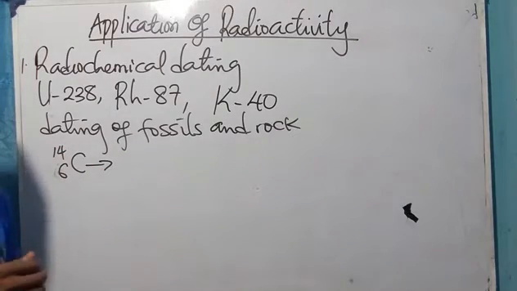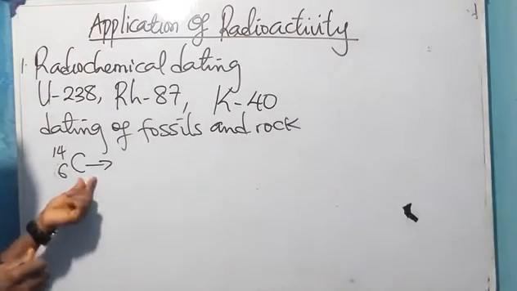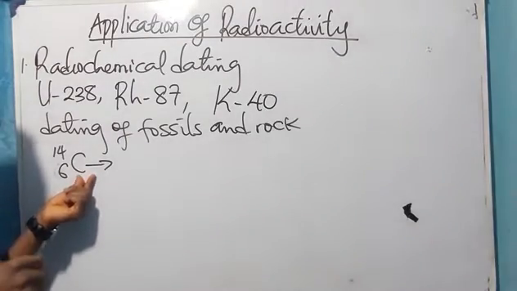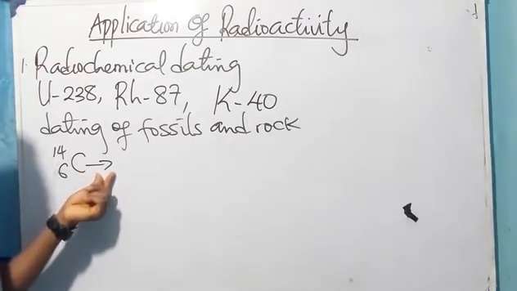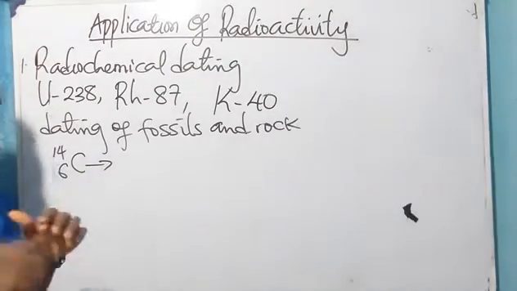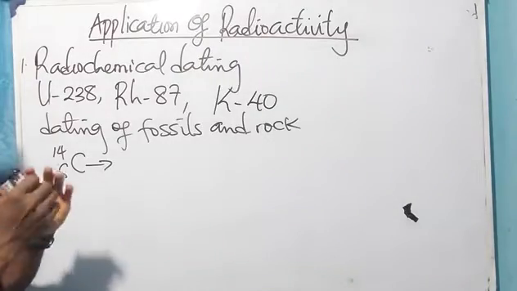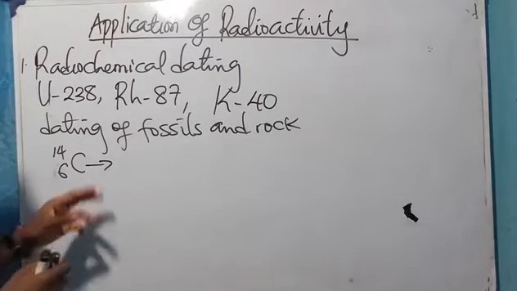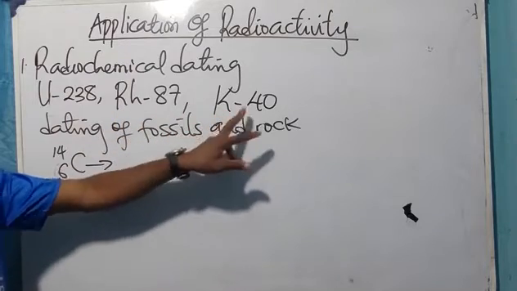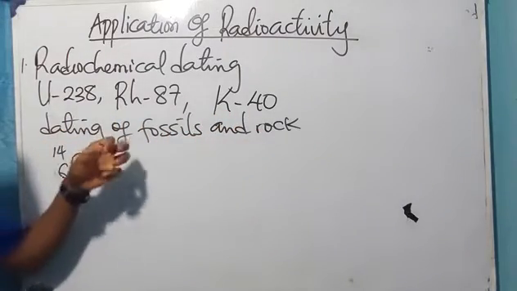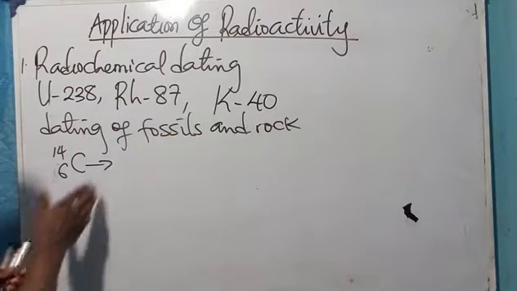Now when an animal or a plant dies, the carbon content in the animal washes down to the soil, and it is stored in the reservoir, and that is how crude oil is formed. So please, uranium 238, rubidium 87 and potassium 40 are used for dating of fossils and rocks. So that is for that.